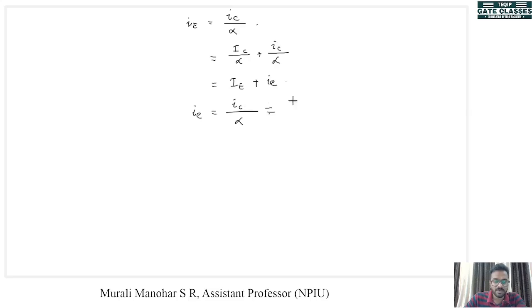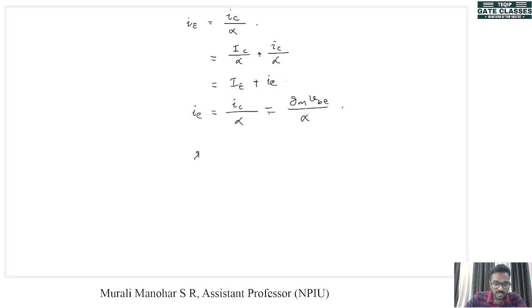Now we know the equation for small ic, so ie is gm vbe divided by alpha. Now this alpha by gm must be a resistance, the resistance we get when we look into the emitter, and that resistance is also between base and emitter.